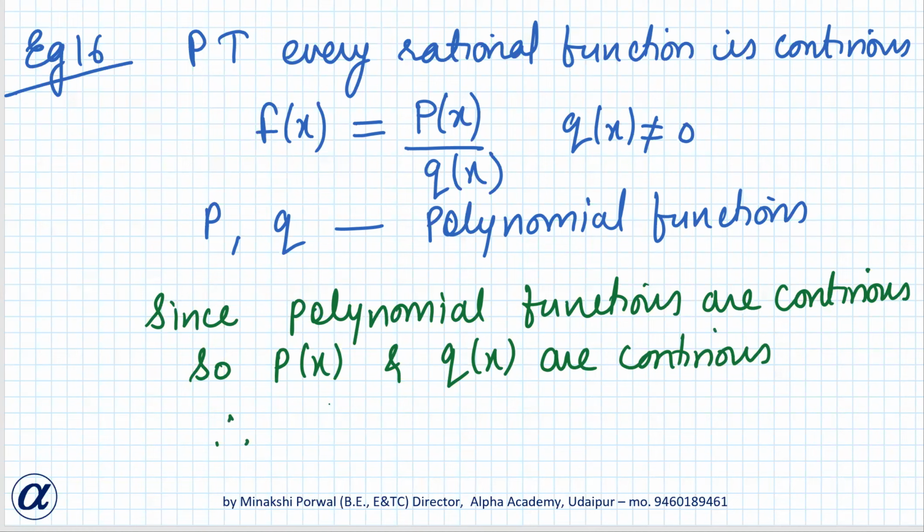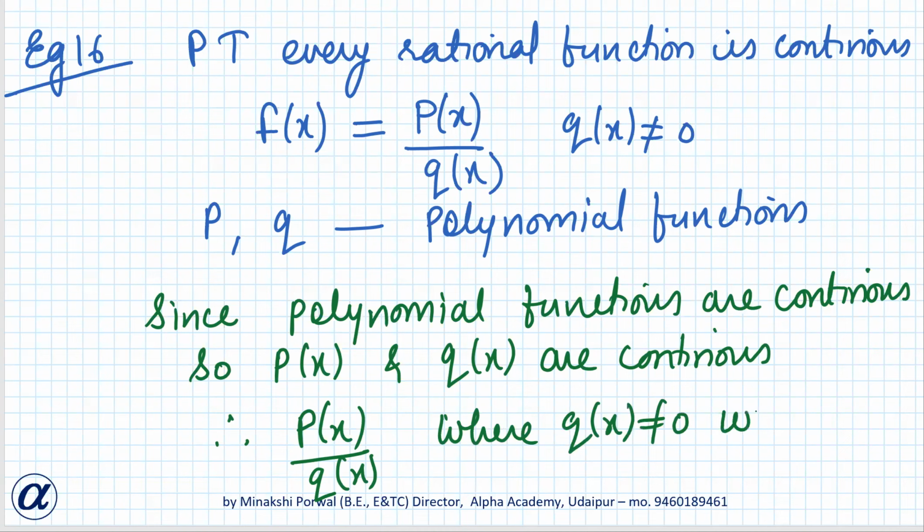Therefore, Px upon Qx, where Qx is not equal to 0, will also be continuous. So hence proved that every rational function is continuous. Is it clear?